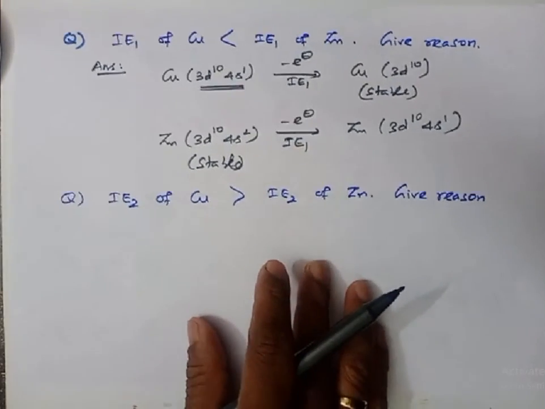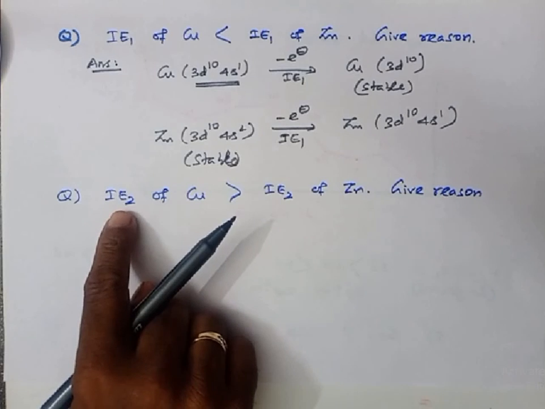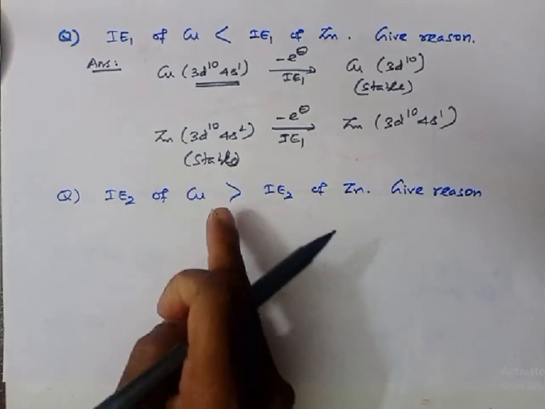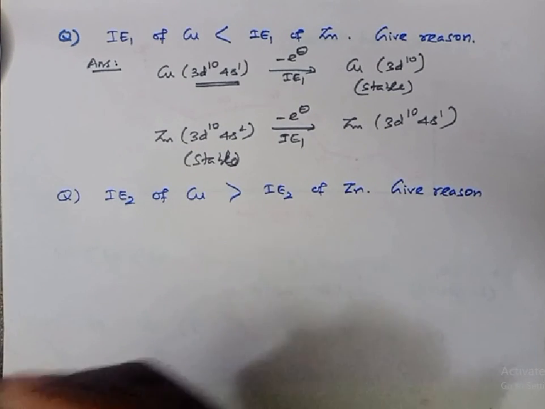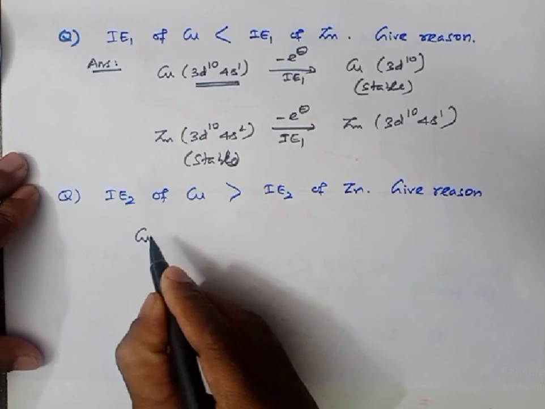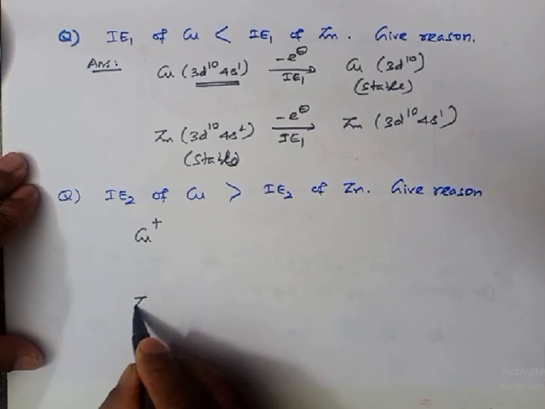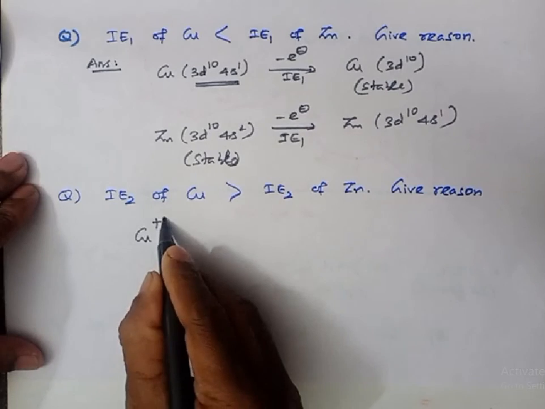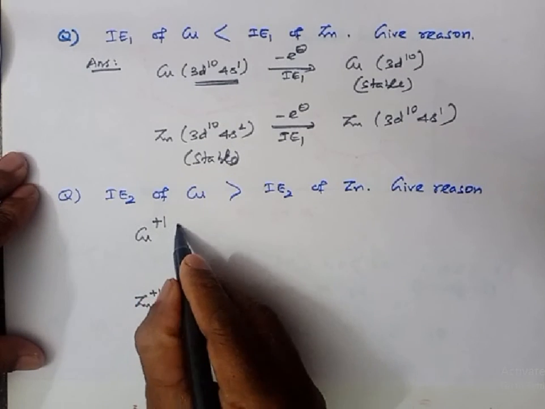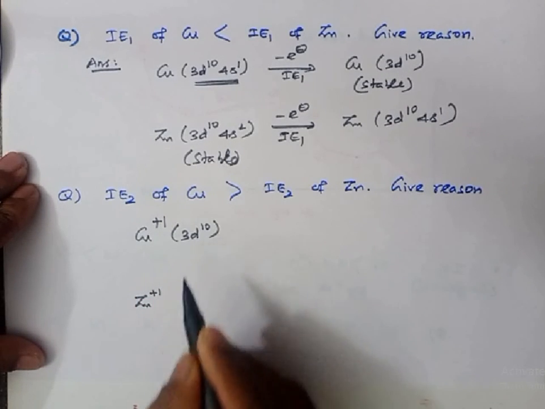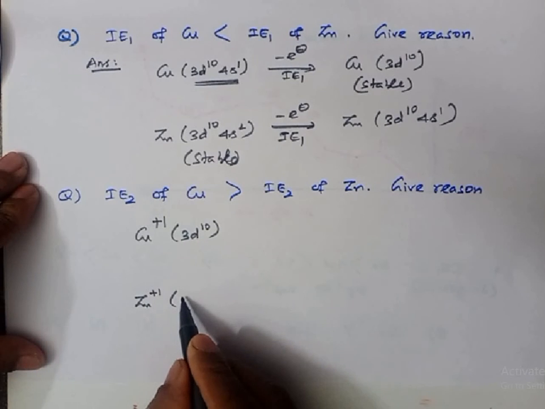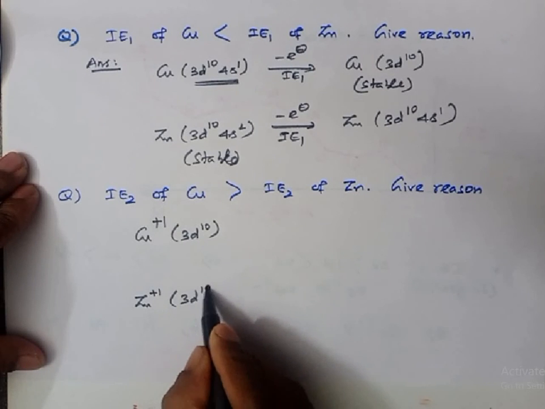Now, see the next question, students. The question given is the second ionization energy for copper and zinc. Second ionization energy means you should take the monopositive ion, right? Copper plus 1 electronic configuration is 3d10. Zinc plus 1 electronic configuration is 3d10 4s1.